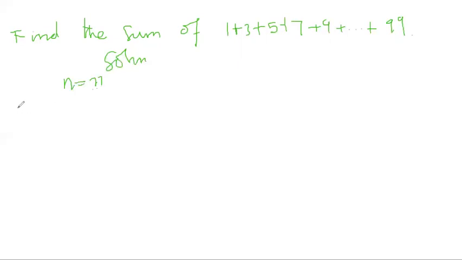So we shall say our nth term is equal to a plus n minus 1 times d. So 99 is equal to 1 plus n minus 1, which we are finding, times 2. So when we subtract, we shall have 98 is equal to 2 into n minus 1. Then we divide by 2.